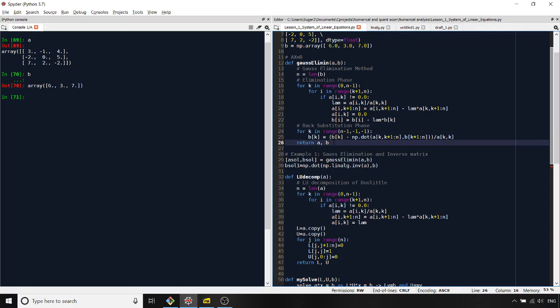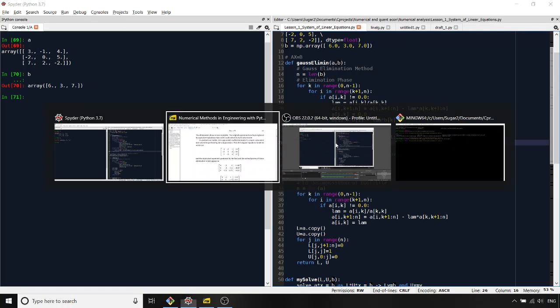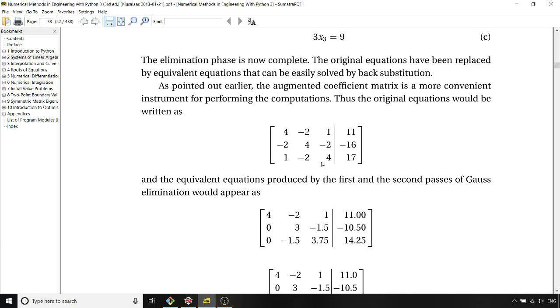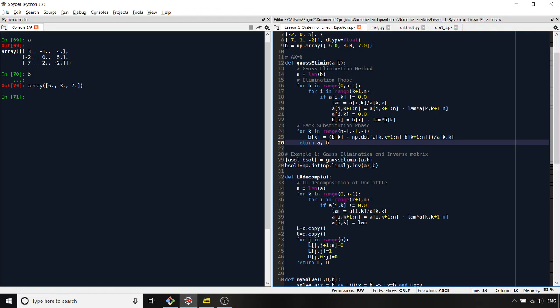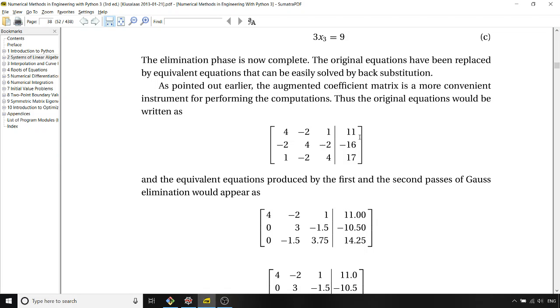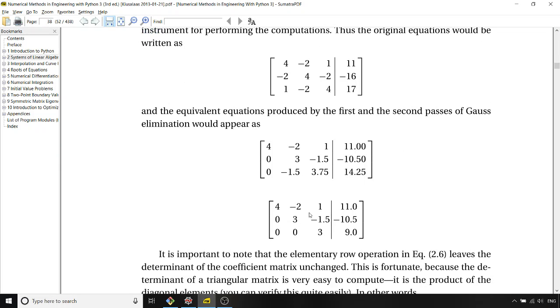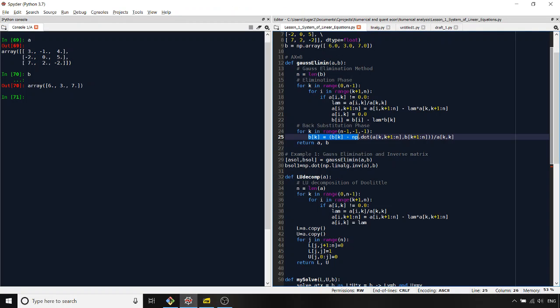It's a little bit misleading to name them as this one. And A will not be substituted. Sorry, B will be already the solution, and A will be this upper triangular matrix.